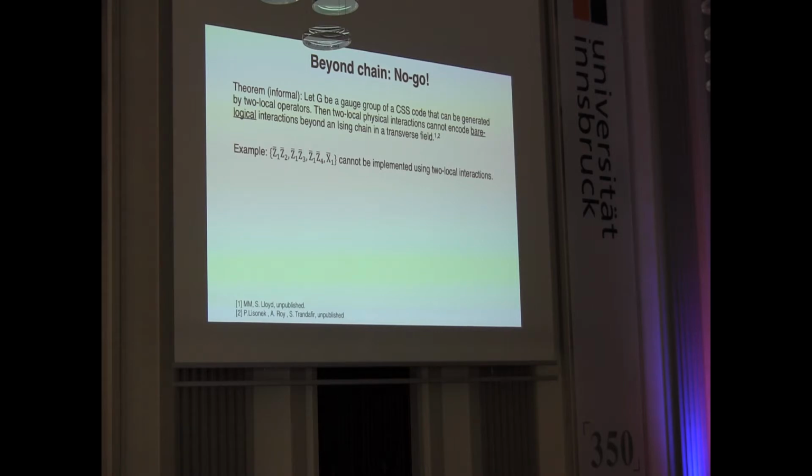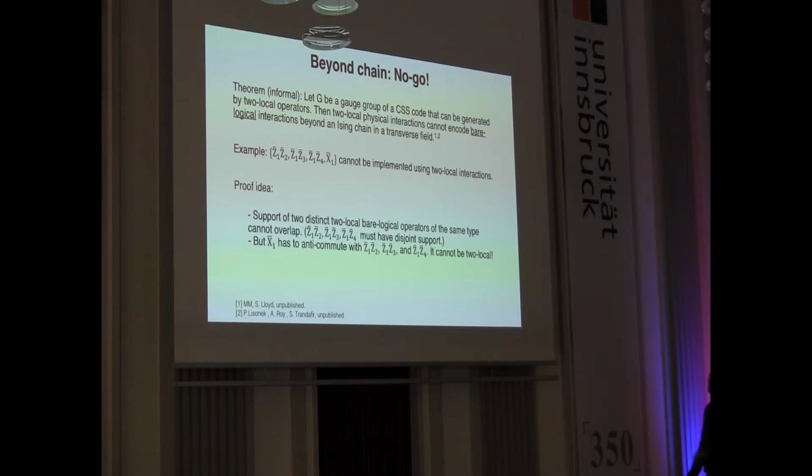Actually, we can prove it for more general CSS type subsystem codes. The intuition of the proof is simple. The requirement of having gauge operators of weight 2 basically means, after some argument, that these operators Z1 Z2, Z1 Z3, Z1 Z4 can't overlap on a physical qubit.